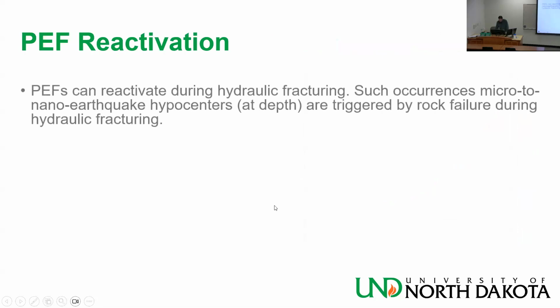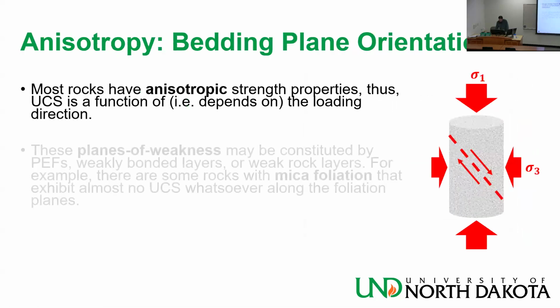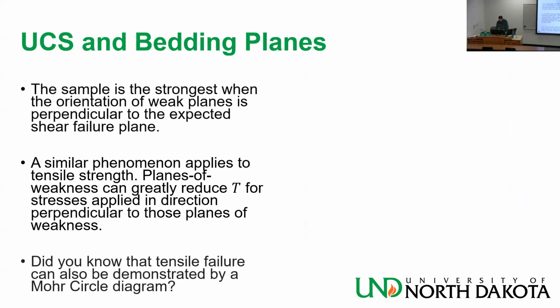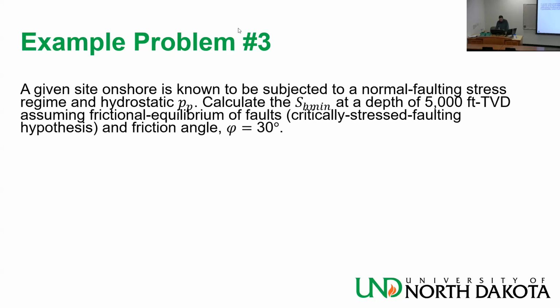Okay, I think there is an example problem coming up. Example problem number 3. A given site onshore is known to be subjected to a normal faulting stress regime and hydrostatic pore pressure.